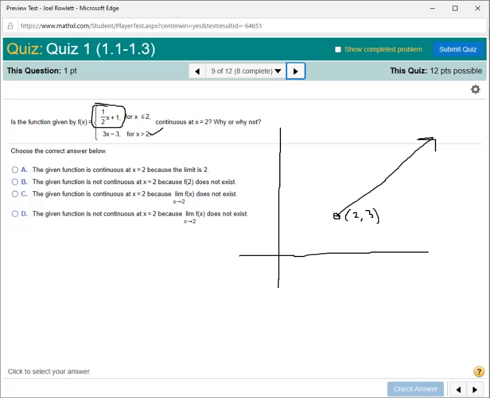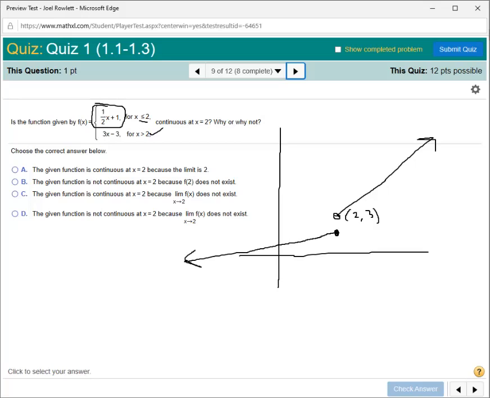So 2, 2 would be the point. And I'm going to fill this one in since it says if x is less than or equal to 2. It's going to be a line of slope 1/2 going through the y-intercept at 1. And again, this is a very crude drawing, but it looks something like this, let's say.